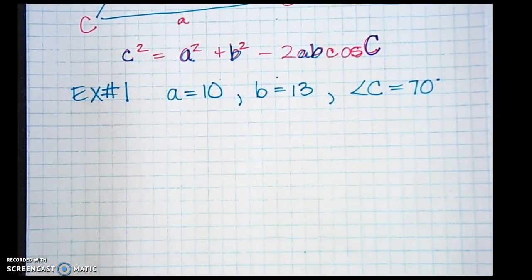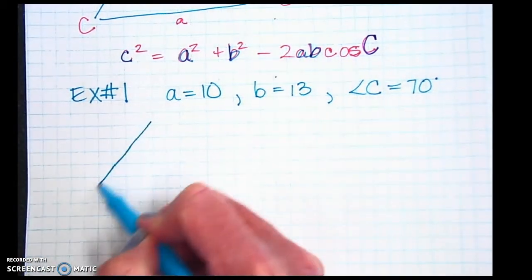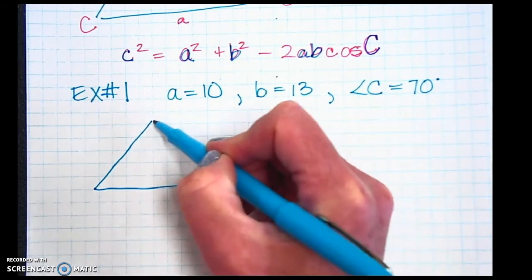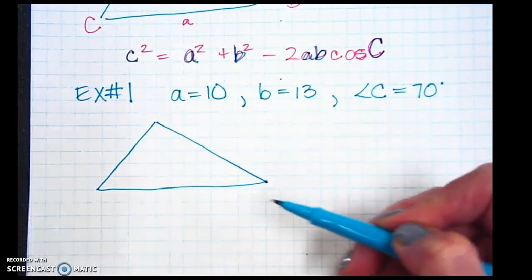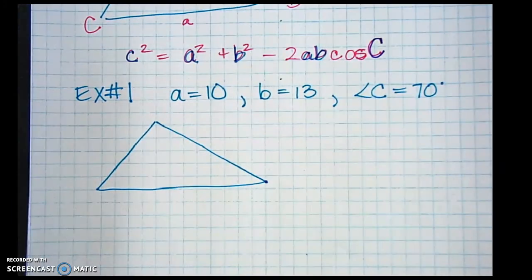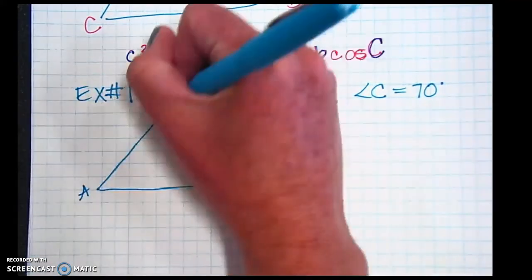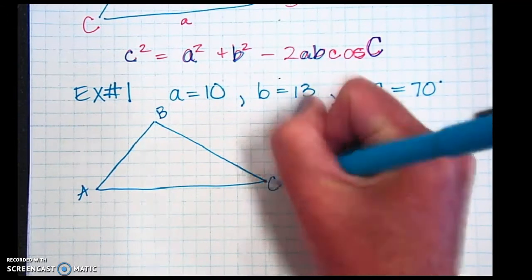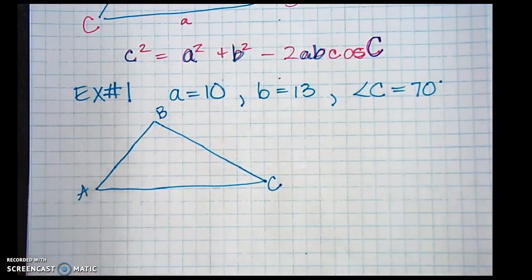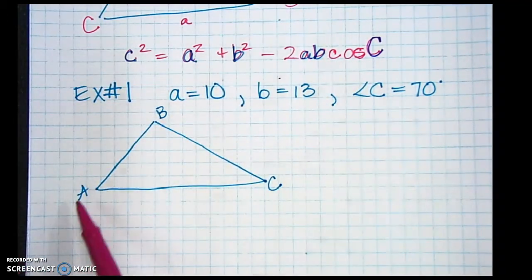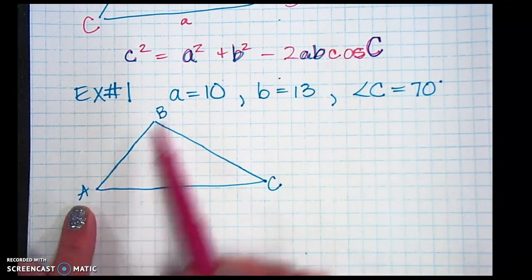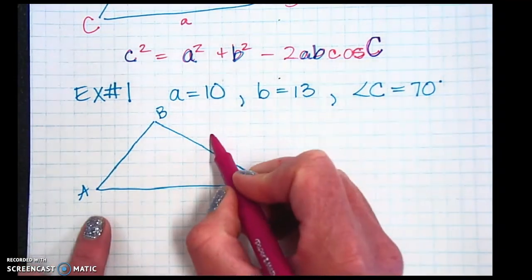All right, so for example 1, we're given 3 pieces of information. So let's draw a triangle. Non-specific, non-right triangle. We'll label the vertices A, B, and C. And then opposite vertex A is going to be side A, which is 10.